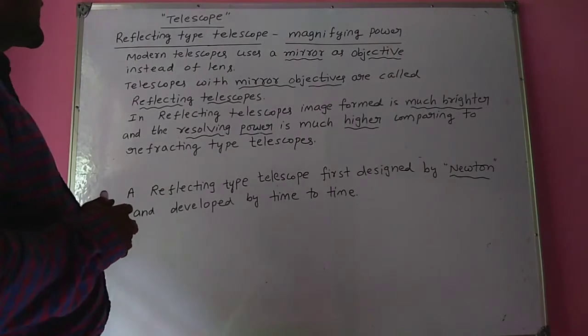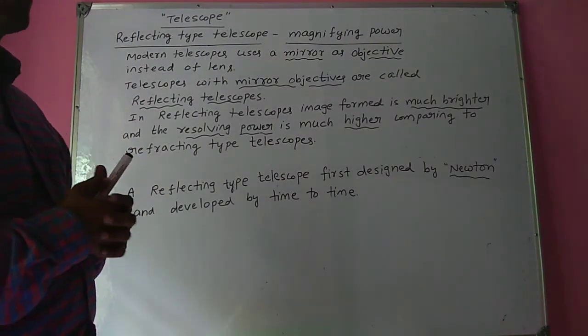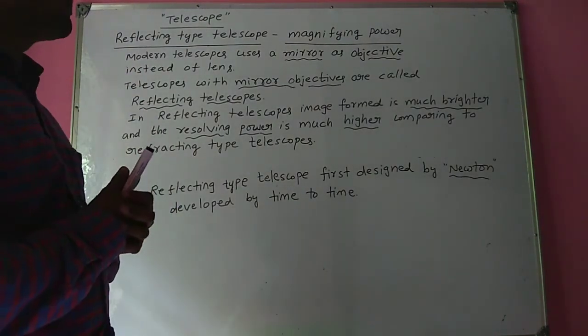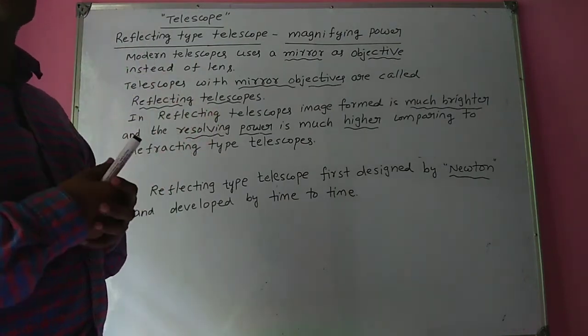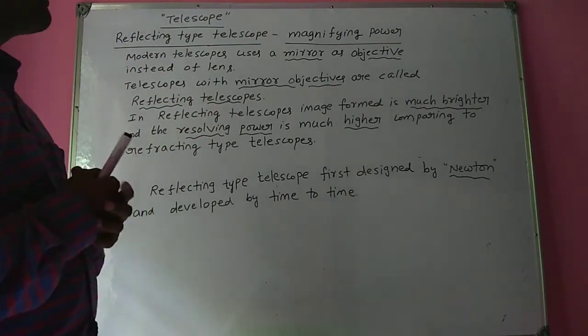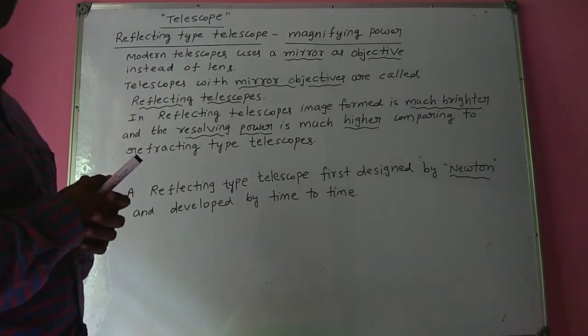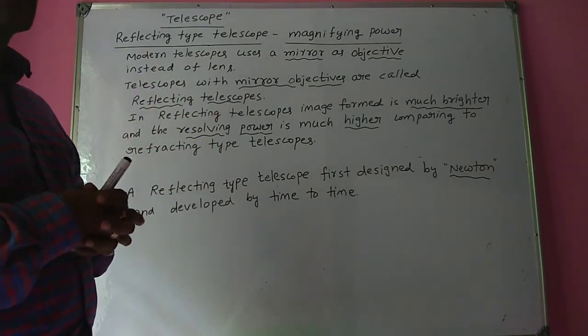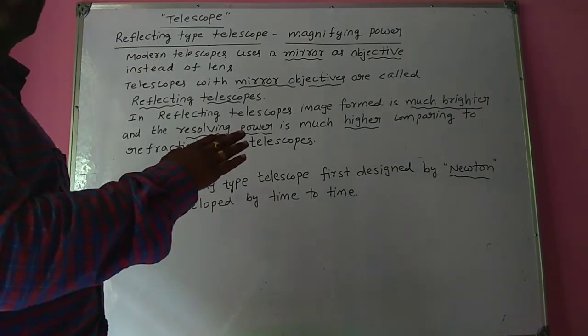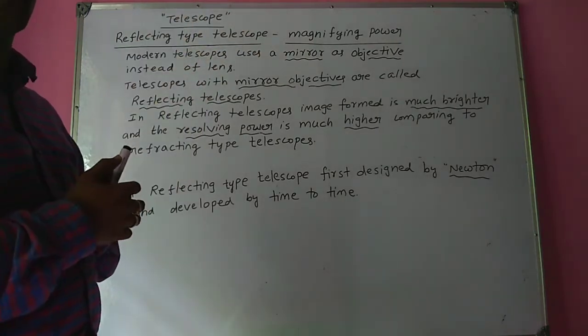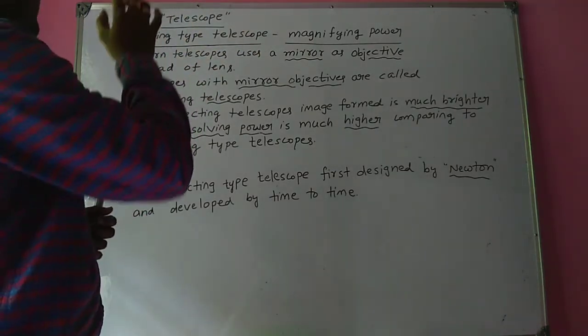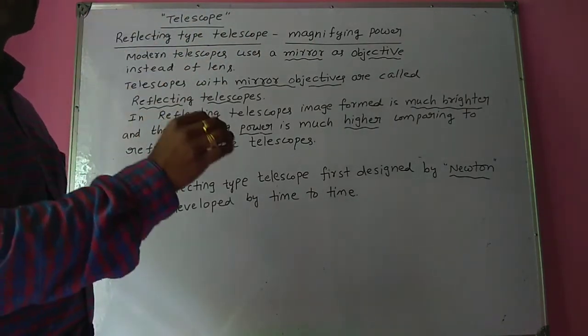Just now we have discussed the refracting type telescope. Now this is the reflecting type telescope. What is the difference between them? In a refracting type telescope, both objective and eyepiece are lenses. But in a reflecting type telescope, the objective is a mirror.